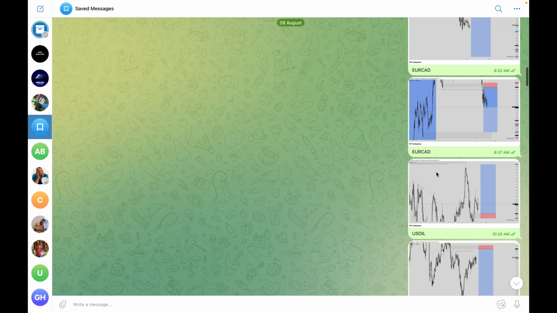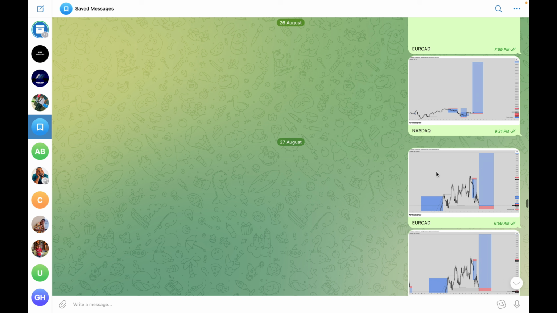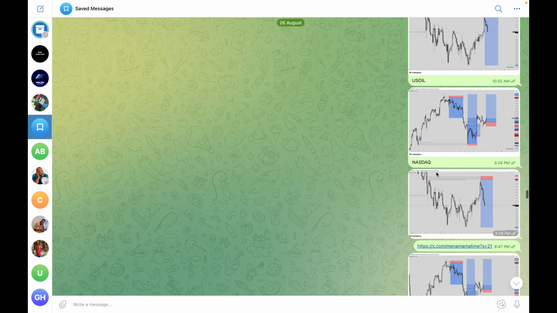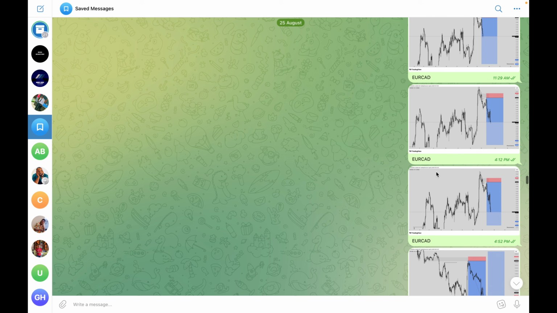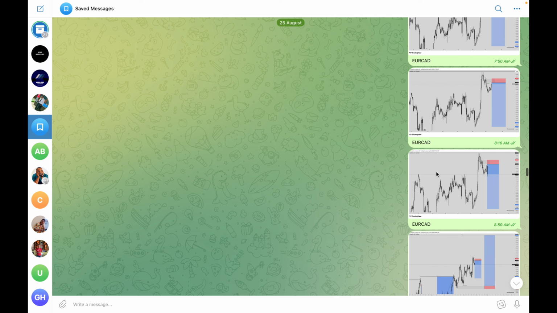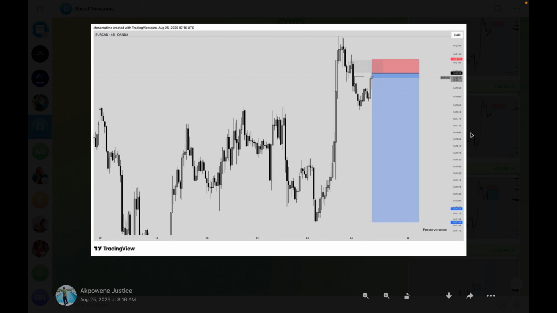Okay, I think it should be closed now. Before, okay, this is it. You can see we have the market structure shift, the inducement that I was expecting price to drop.